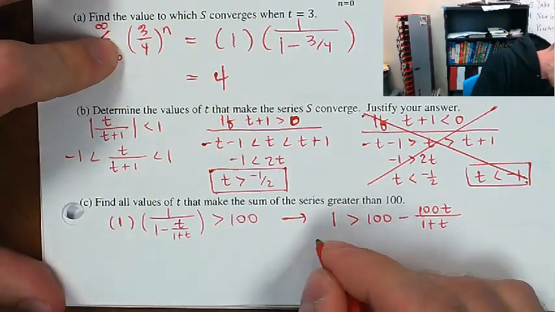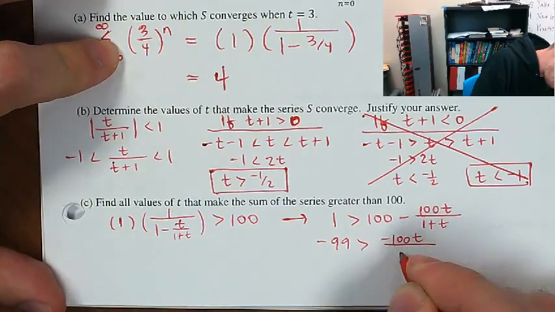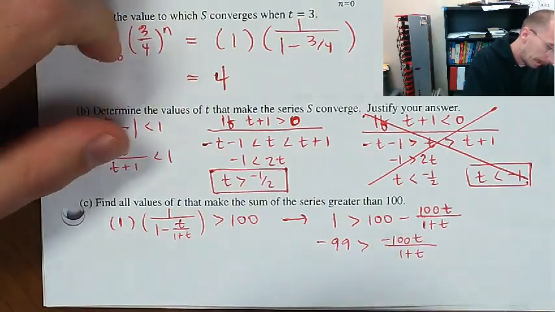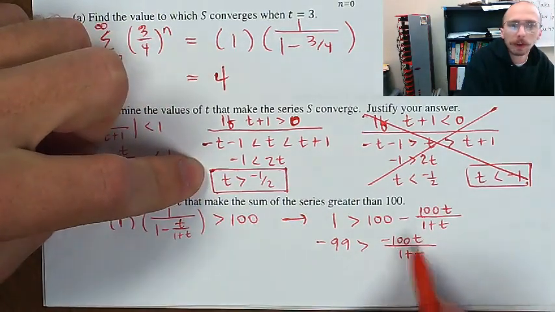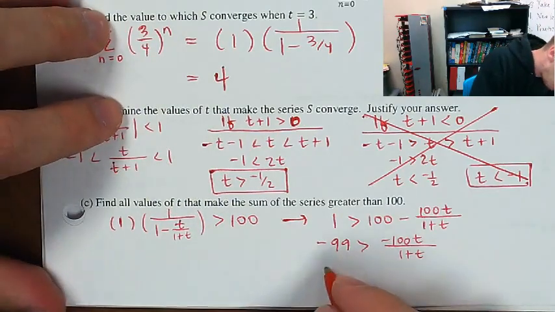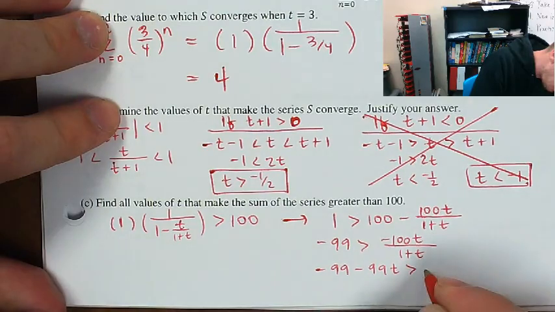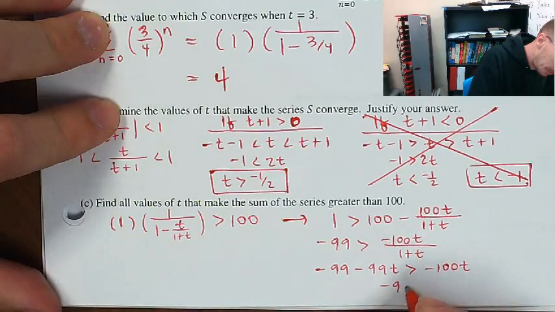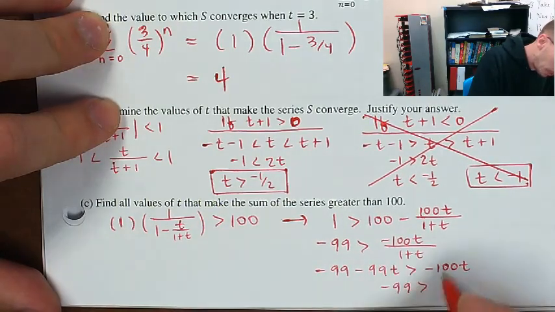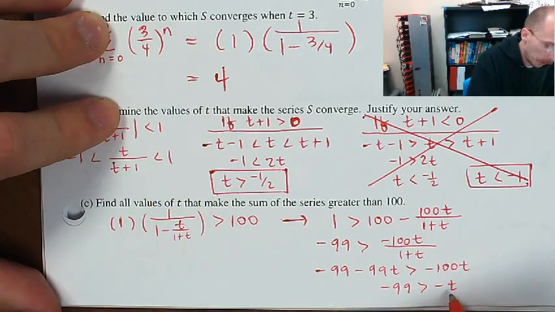So I'm going to subtract 100. Now that I know that t needs to be greater than negative half, I don't have to worry about multiplying this over here. So negative 99 minus 99t is greater than negative 100t. Add that over here, and I've got negative 99 is greater than negative t. Okay, so I know that it would be t less than 99.